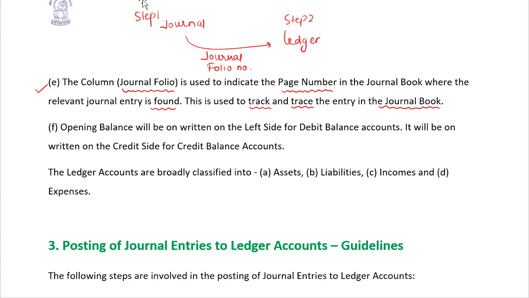He should just see the folio number, open that page, and go directly to that entry and check it. This will lead to saving of time and better clarity.